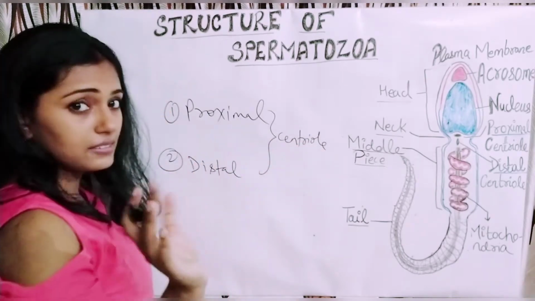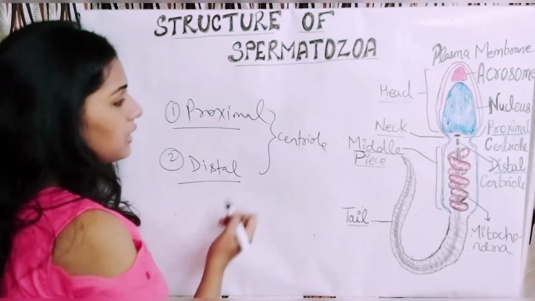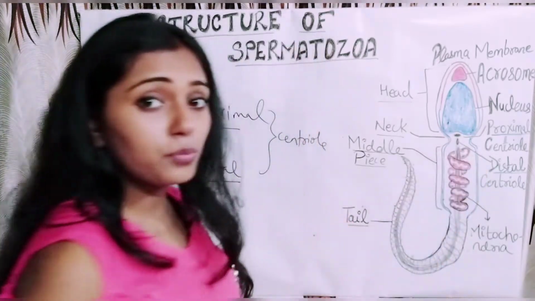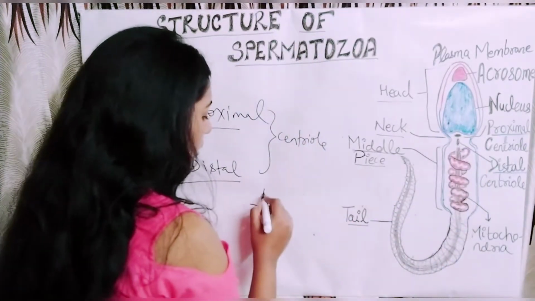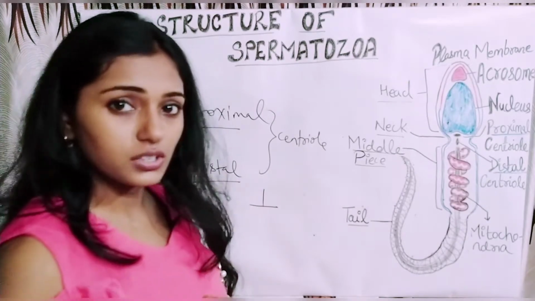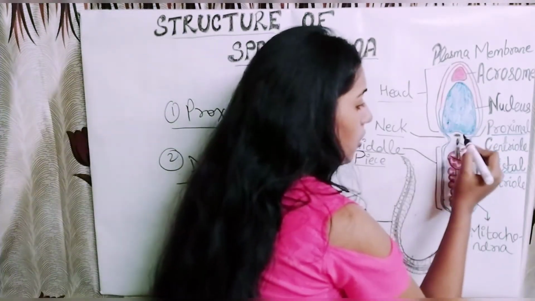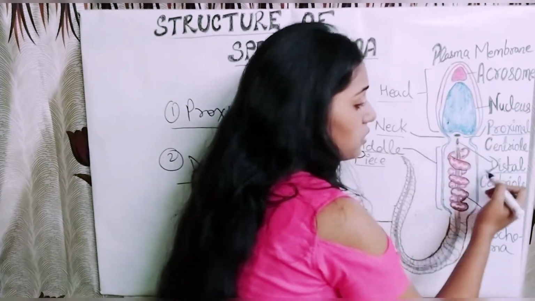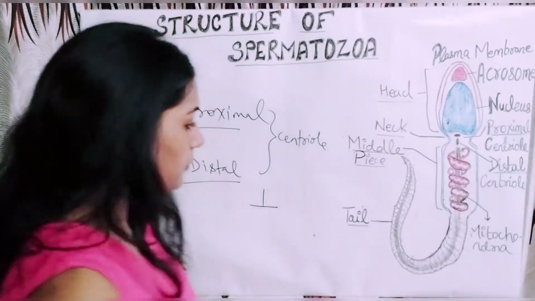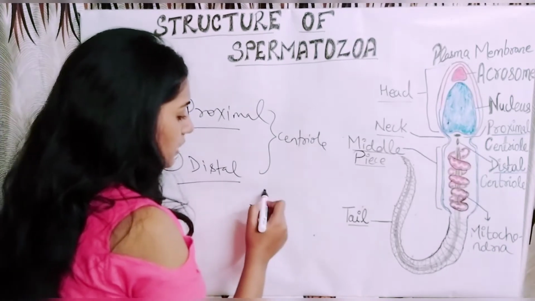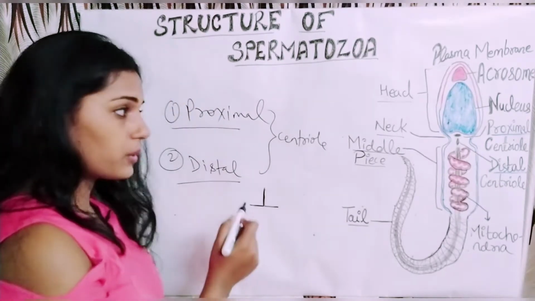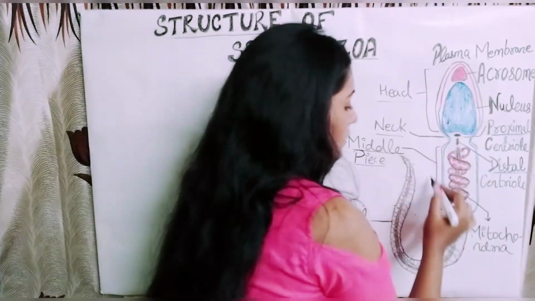These 2 centrioles are positioned at right angles to each other. This is the proximal centriole, which is at right angle to the distal centriole. You can say these 2 centrioles are by position perpendicular.